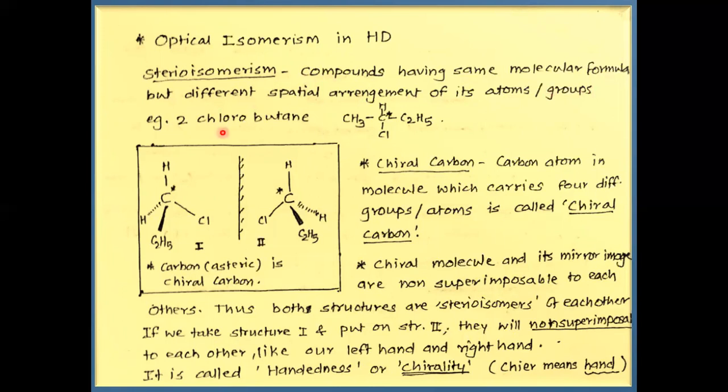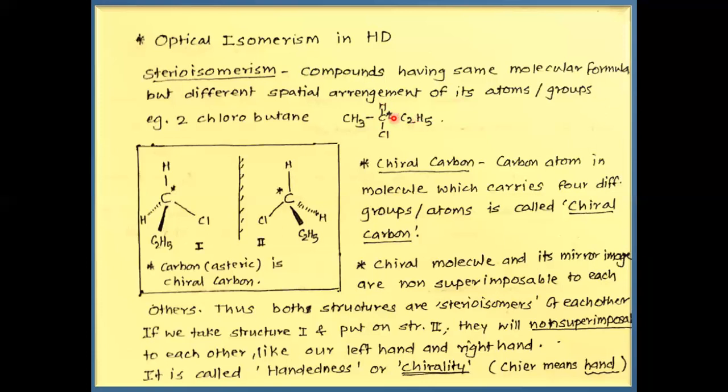For example, 2-chlorobutane. Here CH3, CH, Cl, C2H5. This is the structural formula.